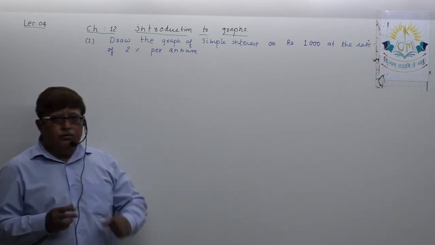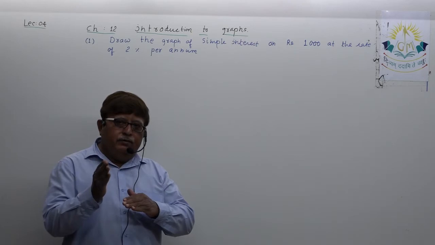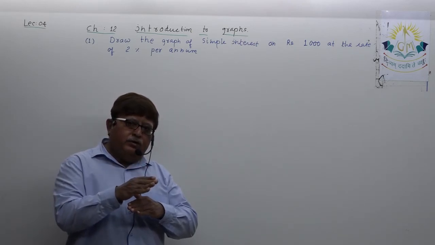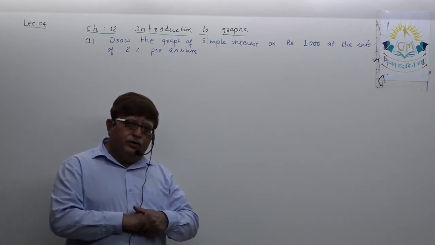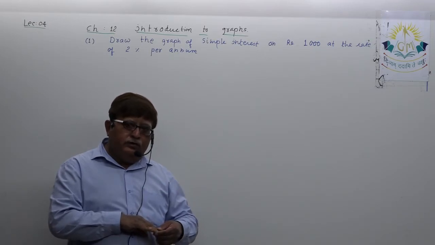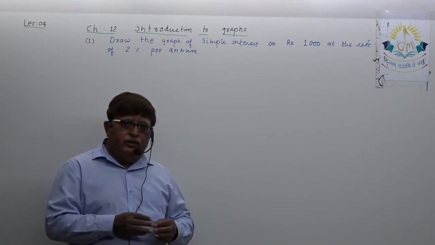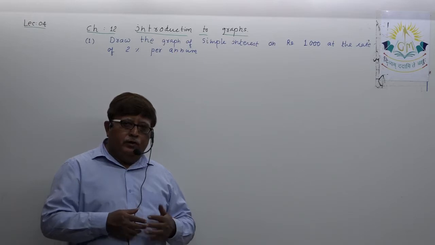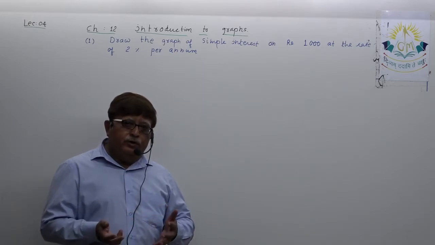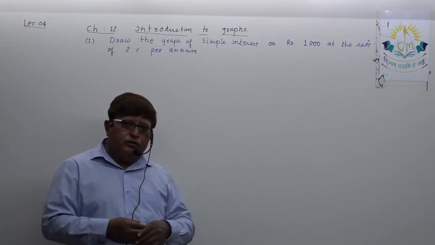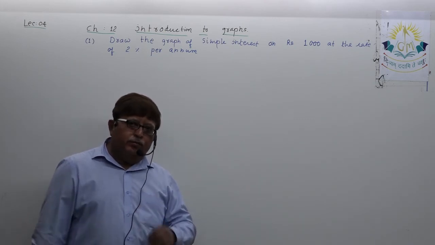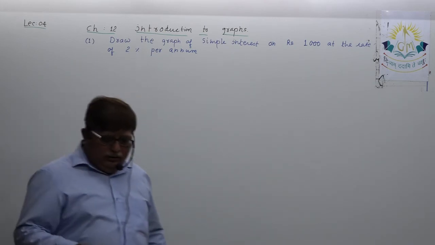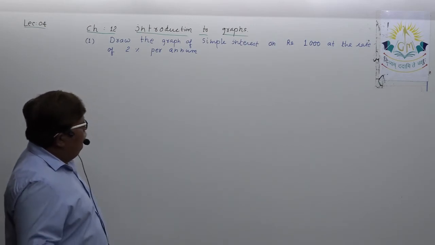You all know simple interest is dependent on number of years. There will be no change in principal and rate of interest for any number of years you take, because it is not a question of compound interest.